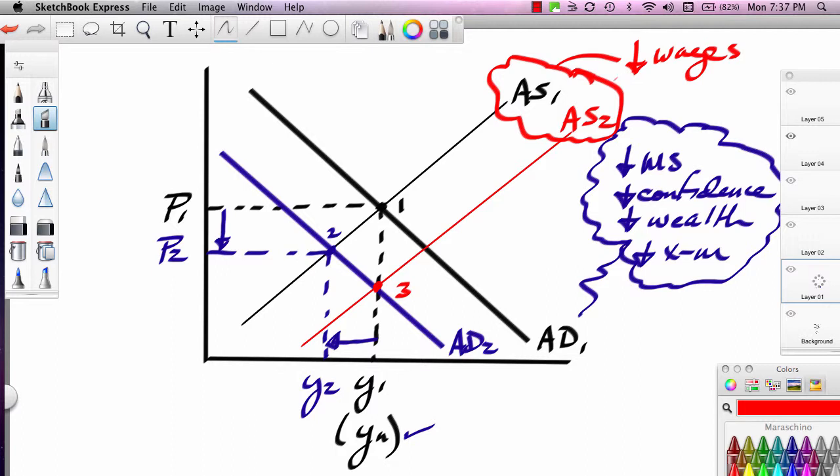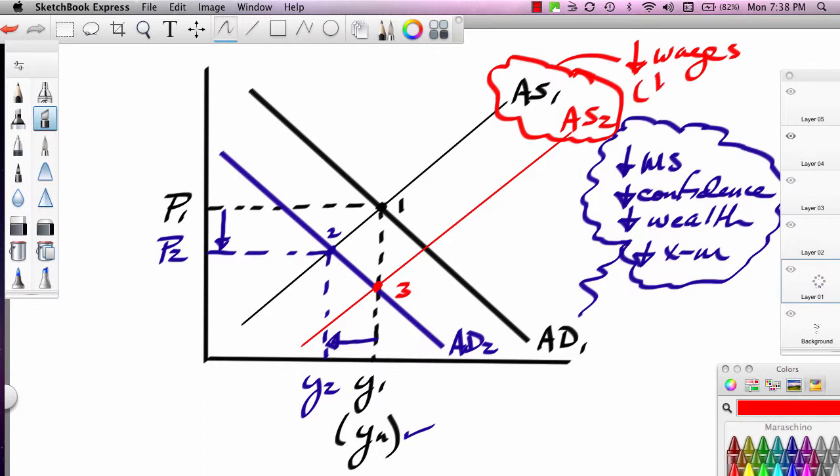We're talking about pressure so great in the macro system that workers across the board in all sectors are having to be willing to take pay cuts. Some industries would be more affected than others, but we're assuming here that this is economy-wide. So the aggregate supply curve shifts to the right.